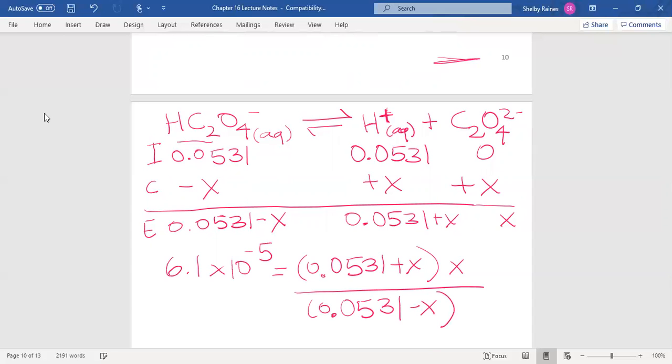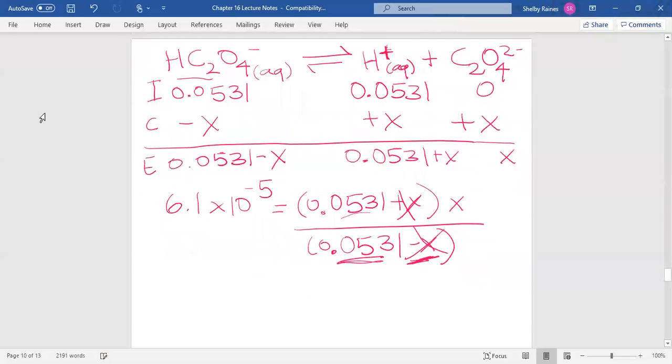Okay, so we want to use the approximation. We've done an example like this before where we approximated on the bottom and the top. We're going to do that here as well. If I approximate and say that this X is not going to affect this concentration, I am also saying that if I added it to that same number, it's not going to affect it. So I'm approximating there.